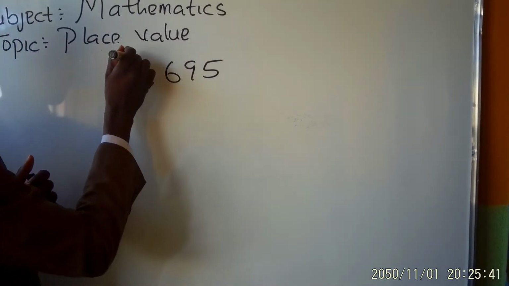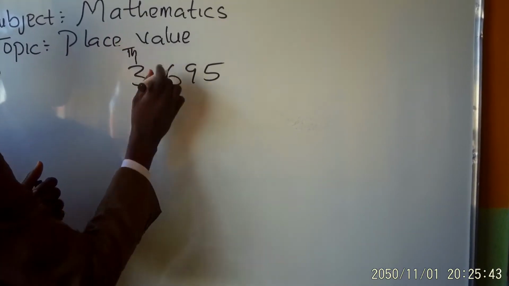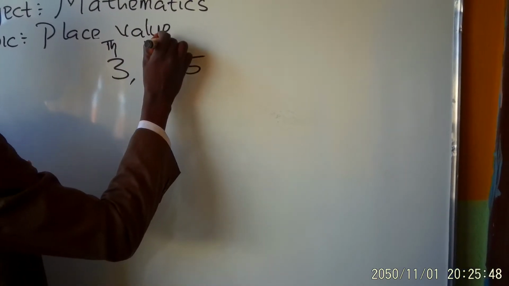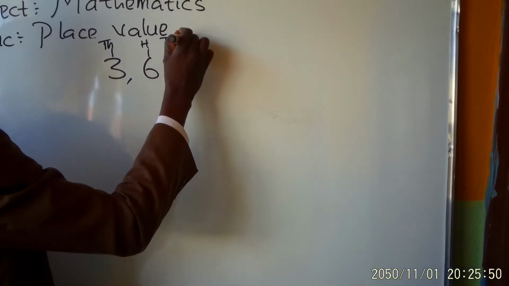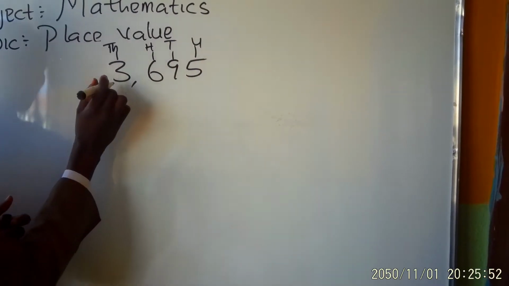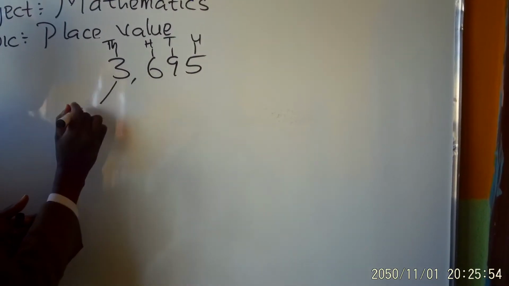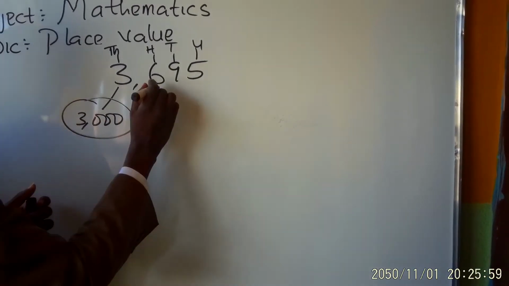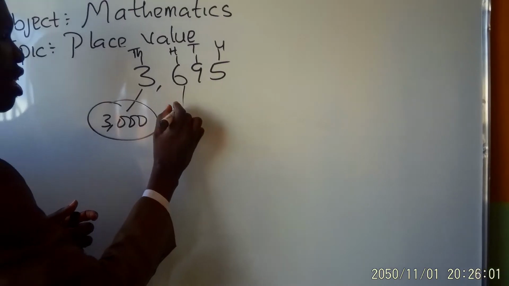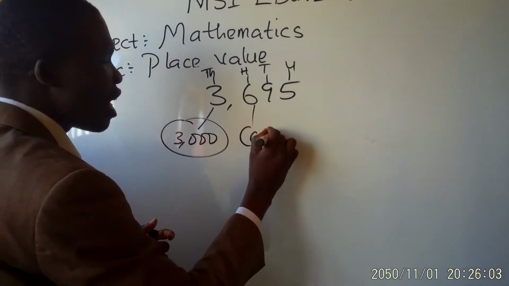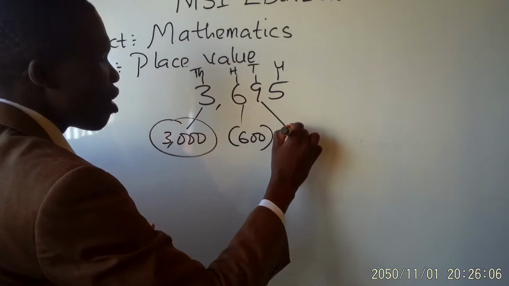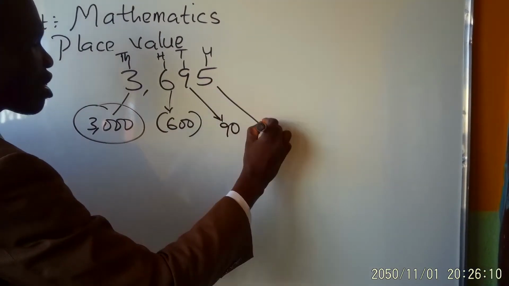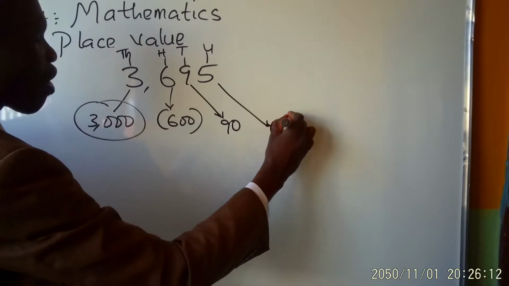Now this is what we call thousand. This is what we call hundred, this is what we call ten, and this is what we call unit. Now this is telling you that this value is 3000. This digit's value is 600, this 9 is 90, and this value is 5.